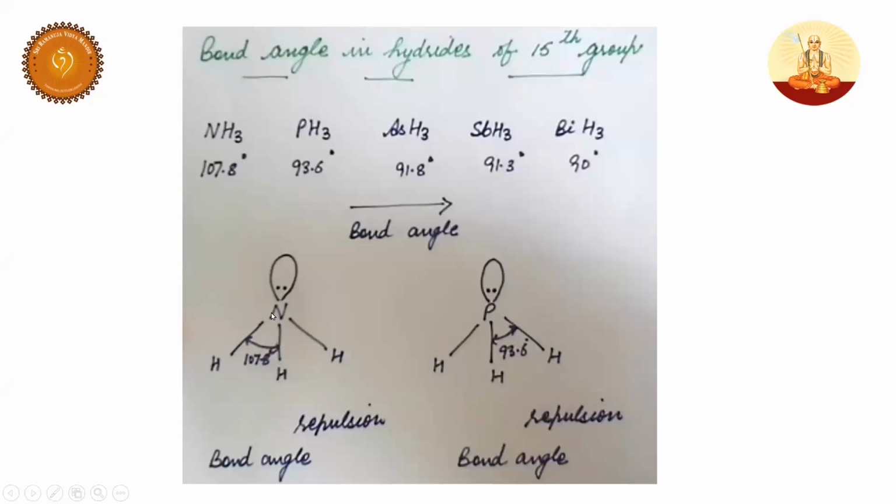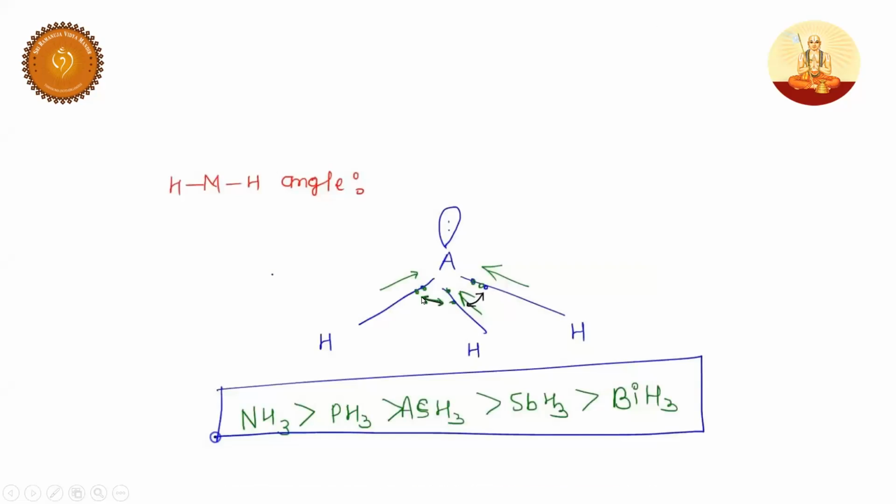You can see here, this atom has more electronegativity, so the electron density will concentrate here. So there will be more repulsion here, and less repulsion there. That's why the bond angle decreases. You have already studied this earlier. So the bond angle order is ammonia greater than phosphine, greater than arsine, greater than stibine, greater than bismuthine.